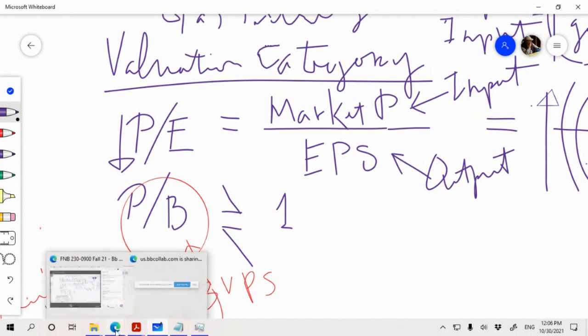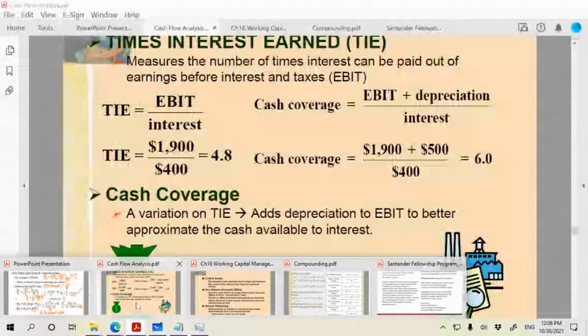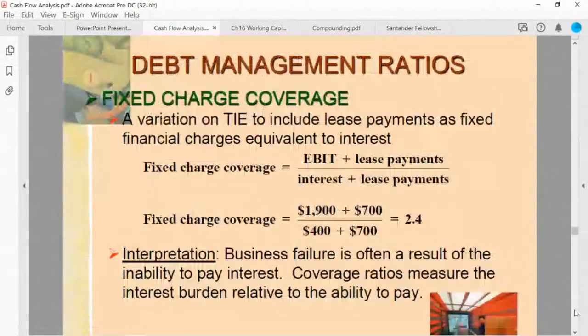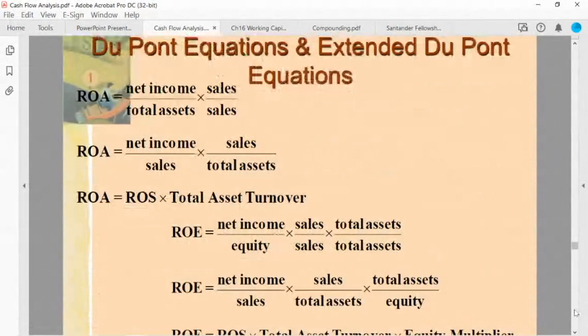We have about 10 minutes, but we got to go on. So we now move on to the Dupont equation. The Dupont equation started out as the relationship between ROA and ROE.